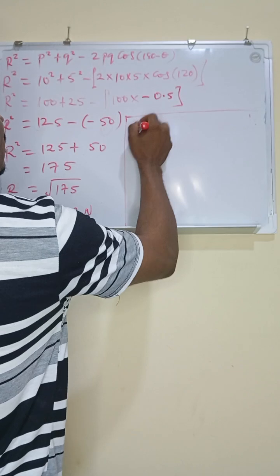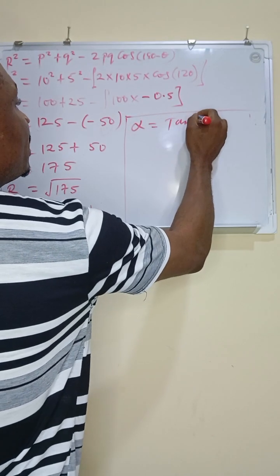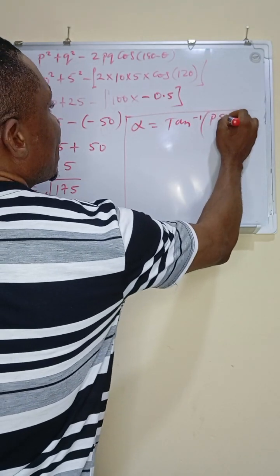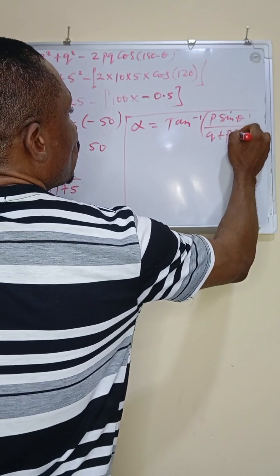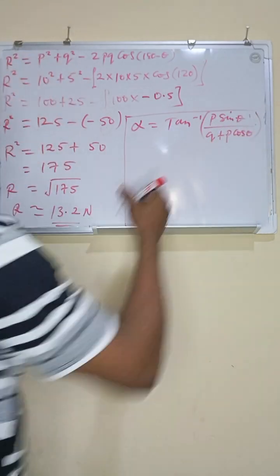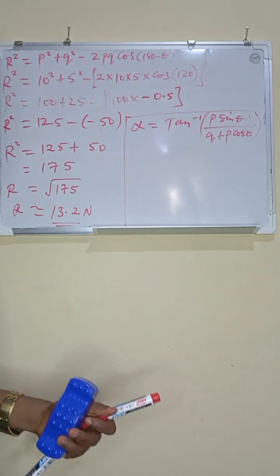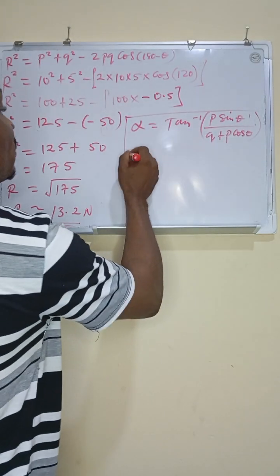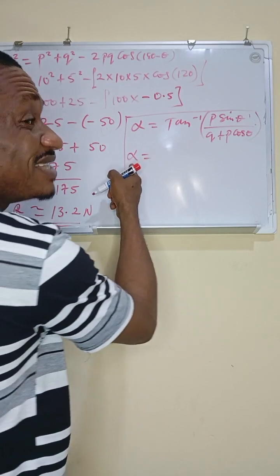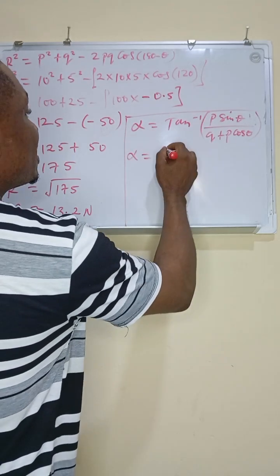Now using alpha equals tan inverse of P sine theta all over Q plus P cos theta. You make use of this formula, or you can use the sine rule. So using this formula, we have alpha, which is the direction. Alpha stands as our direction.